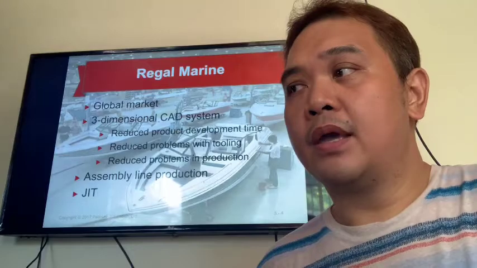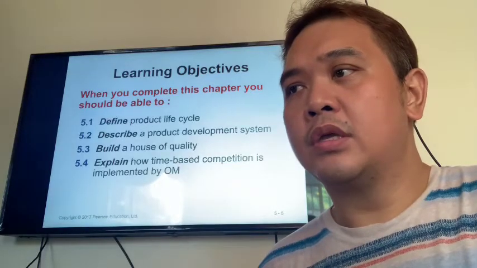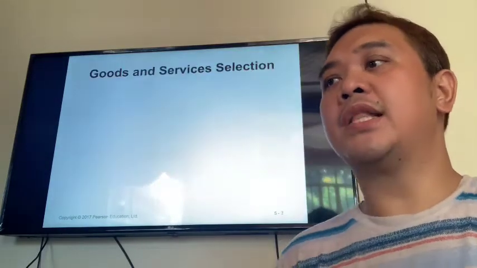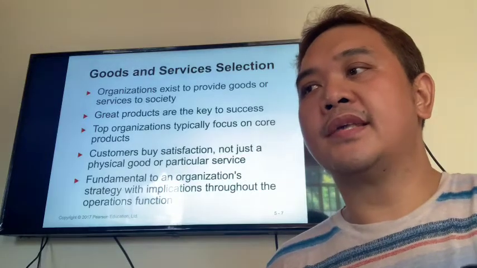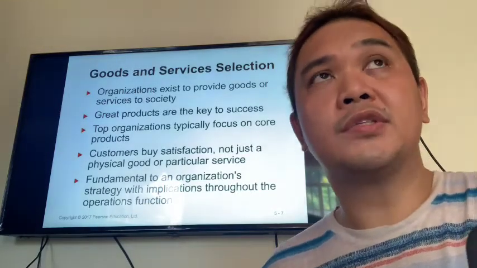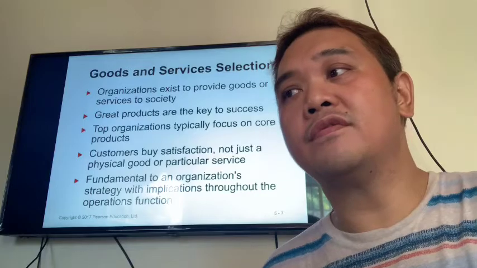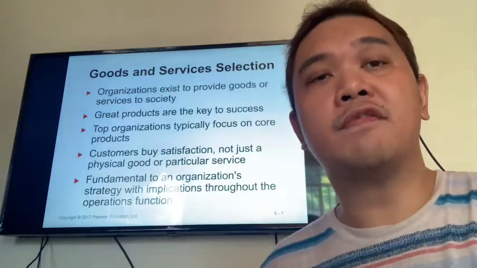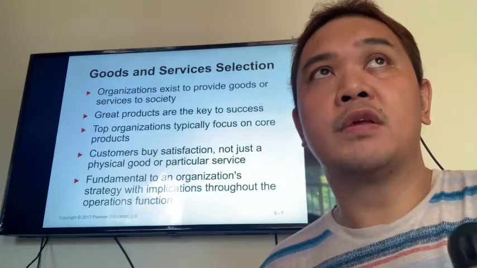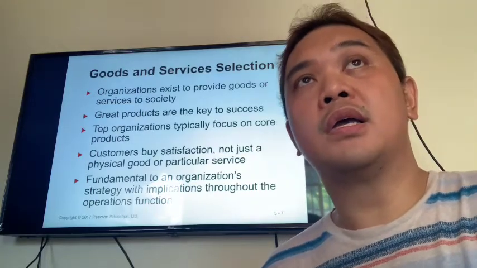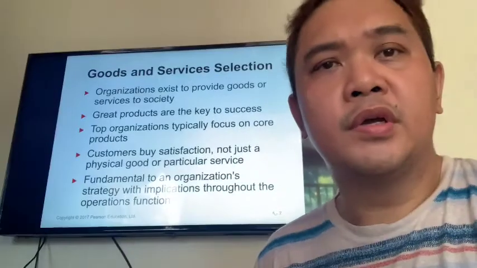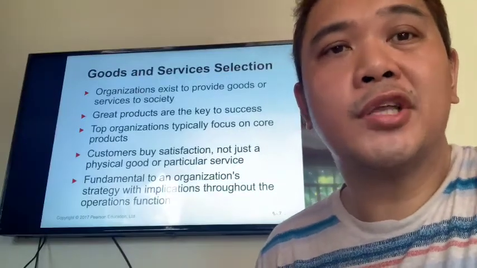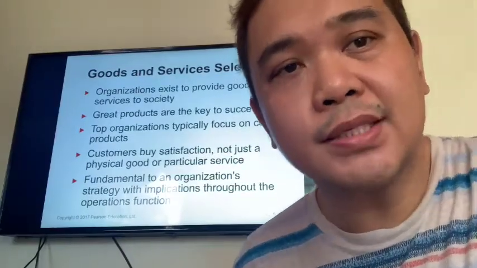So the first one is, organizations really exist because they want to provide goods and services for the public or for the market. So, how do organizations select goods and services?